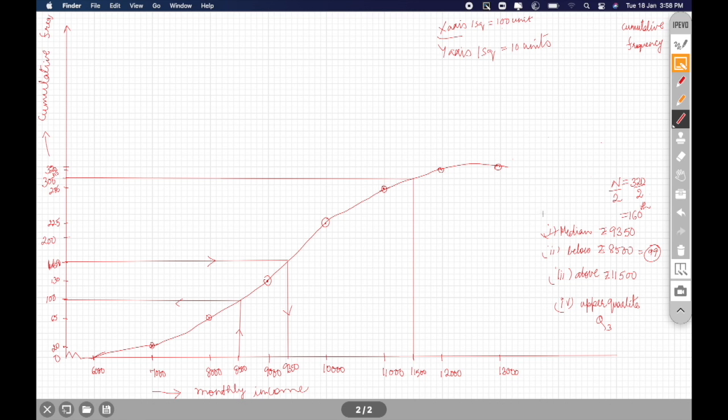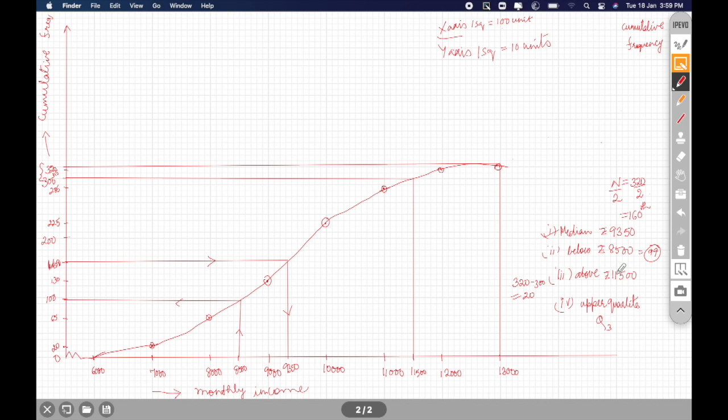Now 300 workers get below 11,500, so out of 320, total 20 workers get above 11,500.